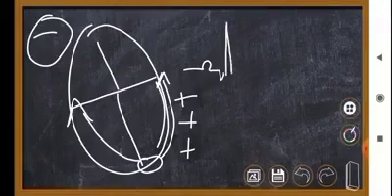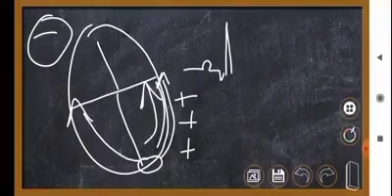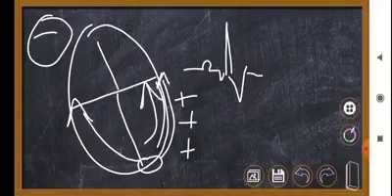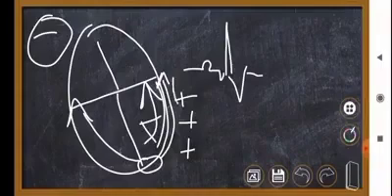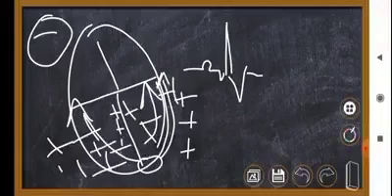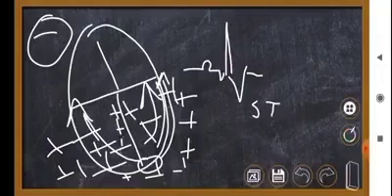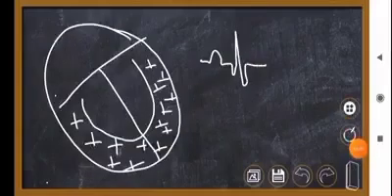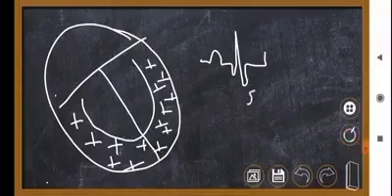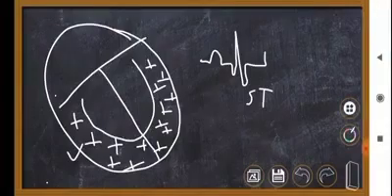At this time, when this current is traveling towards the base of the heart, another wave is formed, and this is called the S wave. And after the S wave, the whole ventricles, both right and left ventricle, will be kept depolarized for some time, and this is the time when the ST segment is formed. We have discussed that the ST segment is formed when ventricles are kept for some time in a depolarized state.